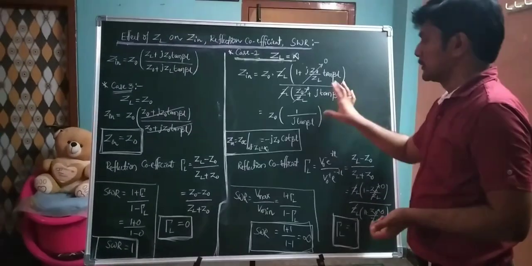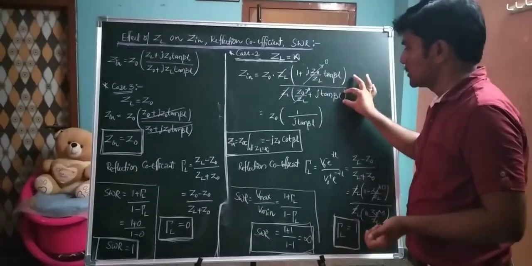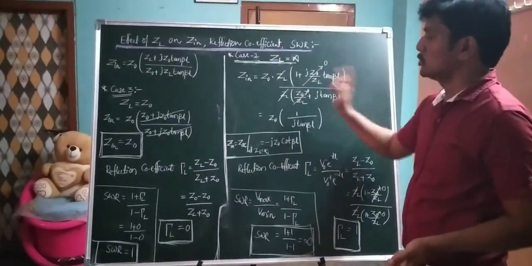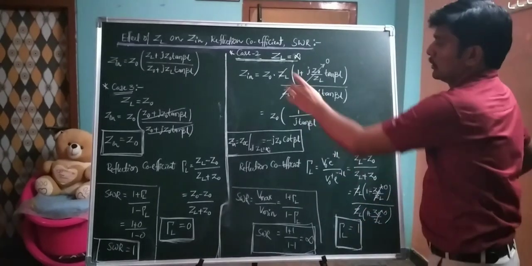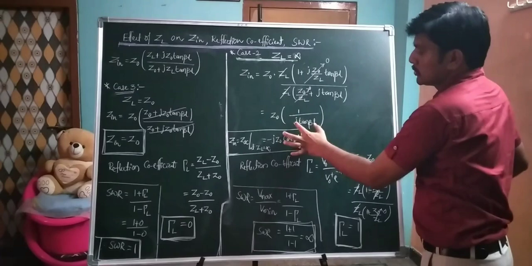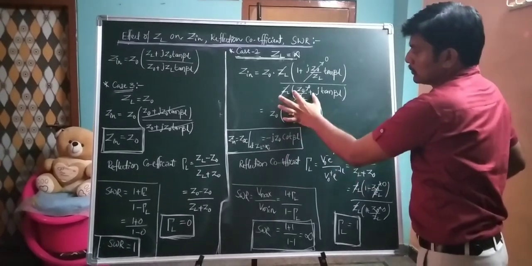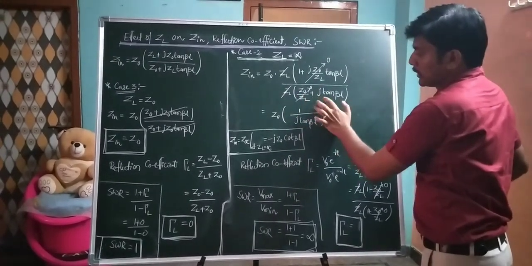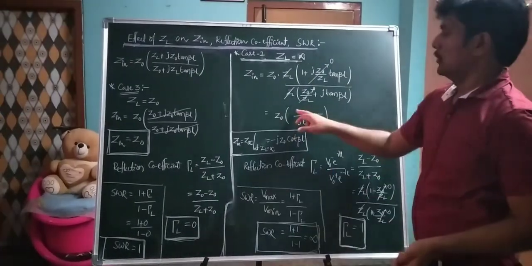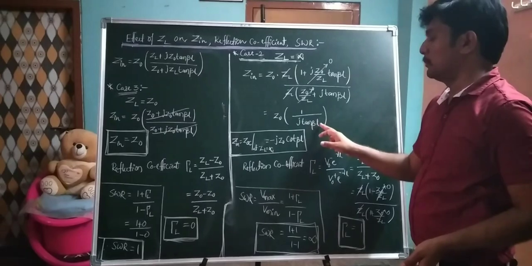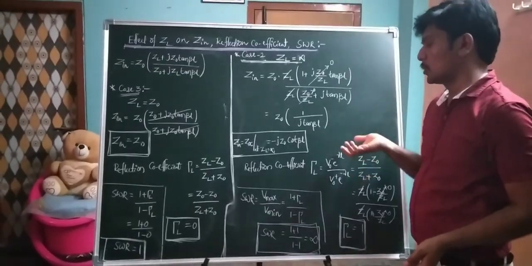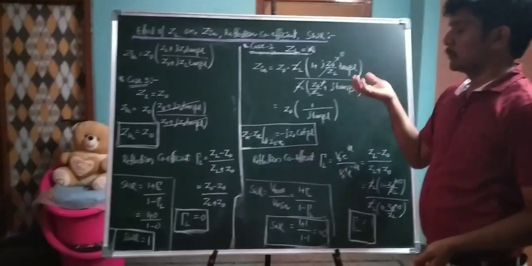Here there is no ZL term left after taking ZL as common, so Z0 divided by ZL becomes 0. Then Z0 into 1, this term equal to 0. What is the remaining term? j tan βL. So Z0 divided by j tan βL can be written as 1 divided by tan βL, which is equal to cot βL, and 1 by j is nothing but minus j.